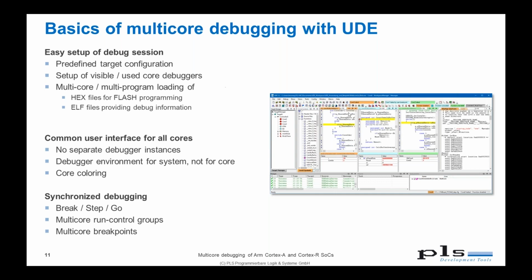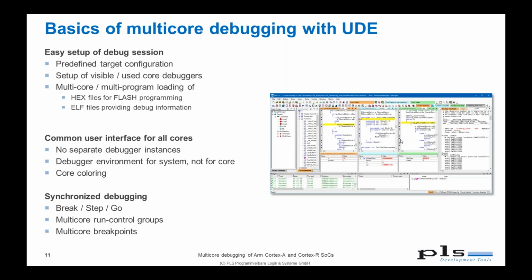You have seen that it is quite easy to set up a debug session and flash a program, also with multiple ELF files and multiple hex files. You have seen how it looks to debug a Multicore application in one user interface, so you don't need to open separate debugger instances for each core.